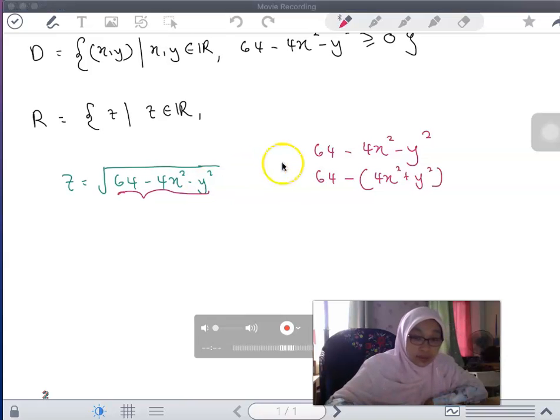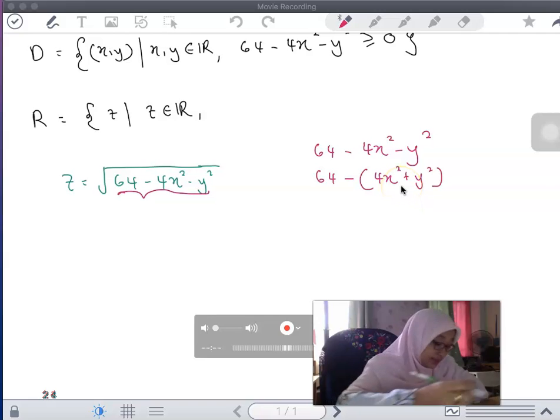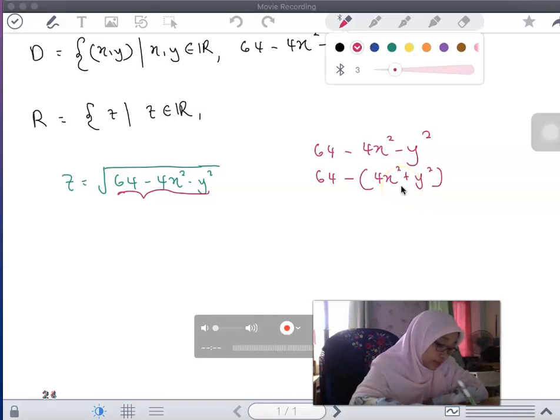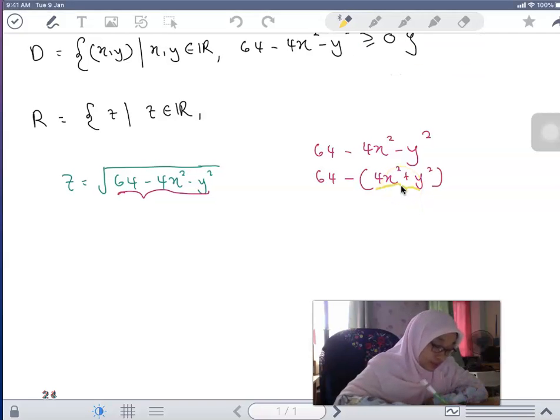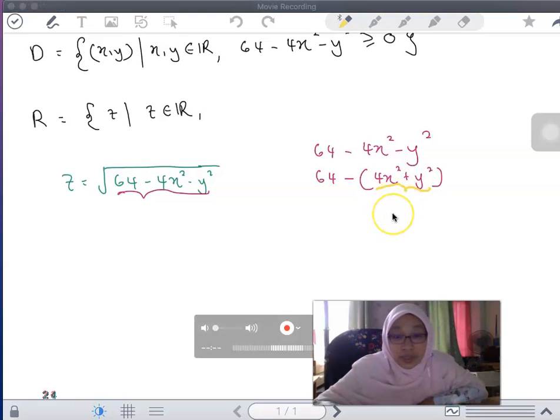Okay, now before we proceed to evaluate the square root function to get the z, we look at the possible value in the bracket. This way, can we see something about the pattern of the value in the bracket?